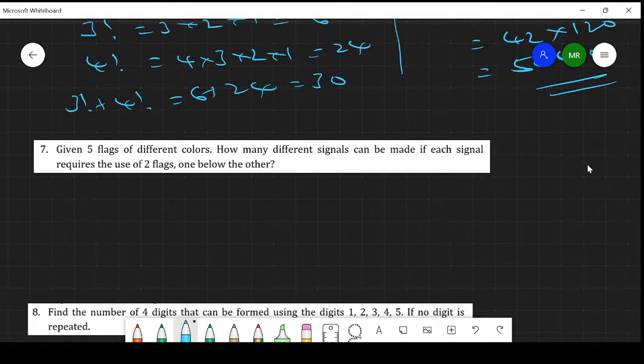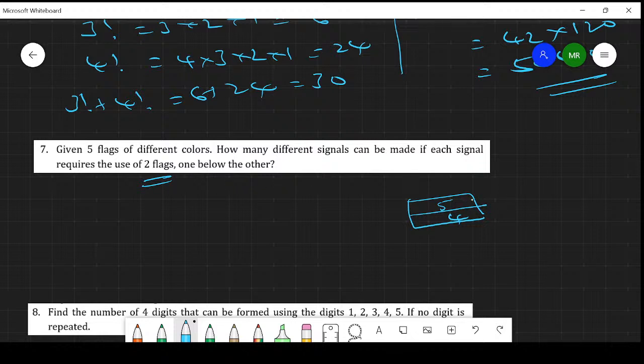Given 5 flags of different colors. How many different signals can be made if each signal requires the use of 2 flags, one below the other? They want to create the signal. In a signal, 2 colors of flags is required, right? So when 5 flags are there, the first flag I can take any of 5, and the next flag I can take any of 4.